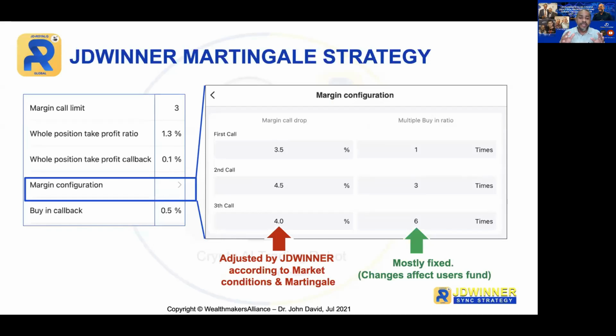Now, 1.3 minus 0.1, the difference is 1.2%. You will not get the full 1.2% because there is a maker fee and a taker fee charged by Binance and Huobi. Please understand that. Binance will be 0.1% maker and taker fee.